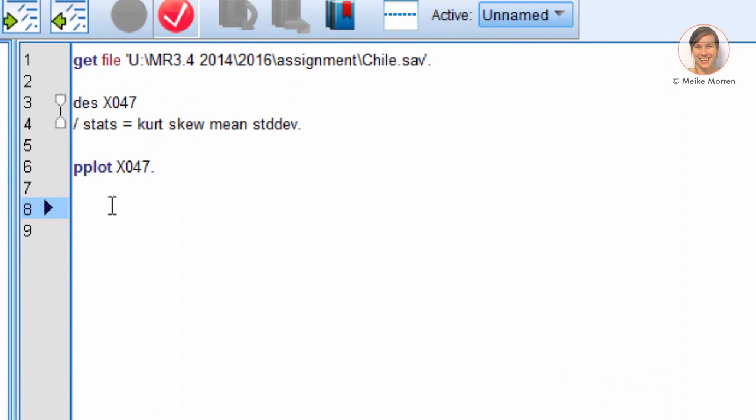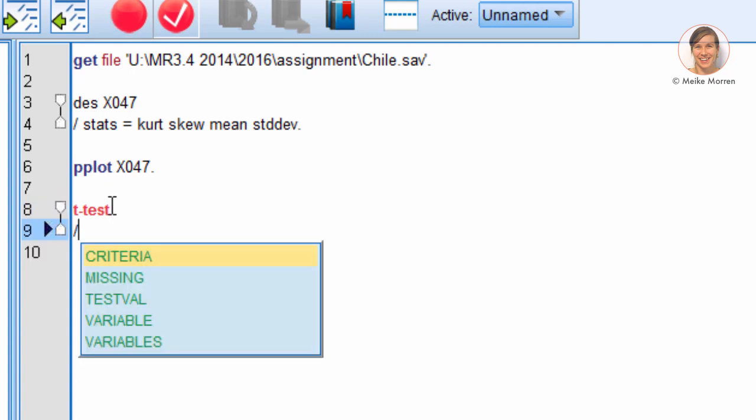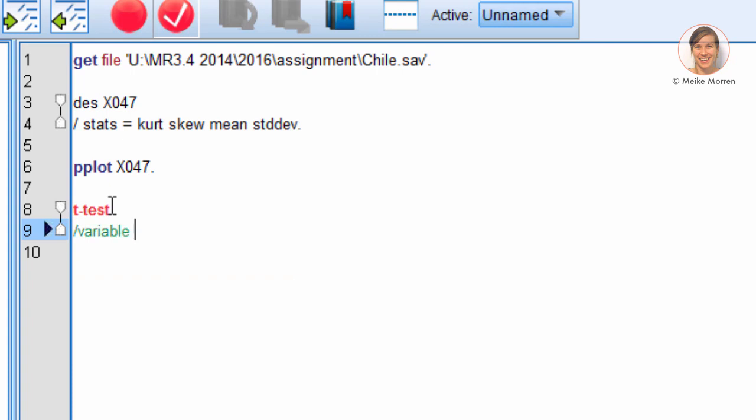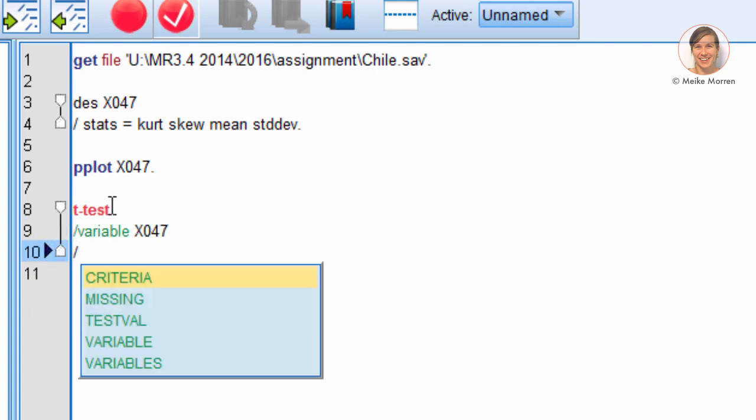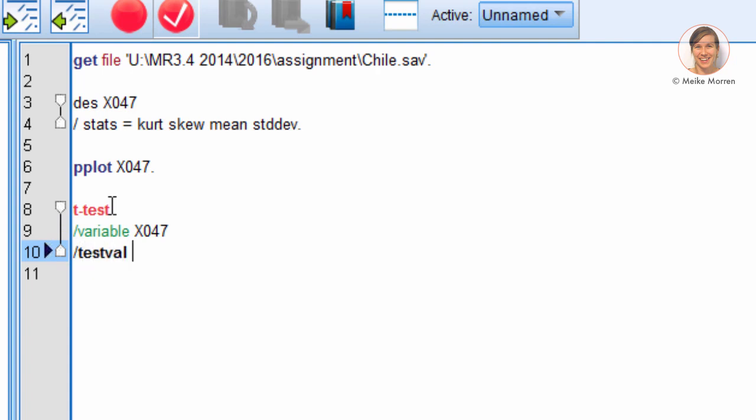So we can move on to the t-test. So we want to test the variable x for 7, and the test value is 0.